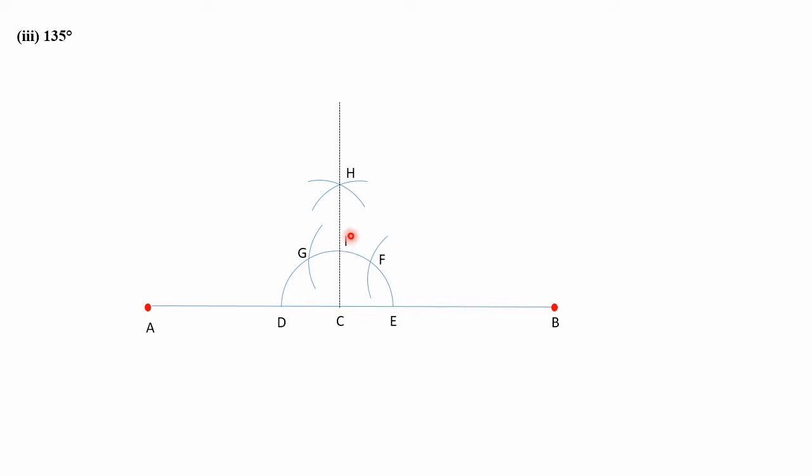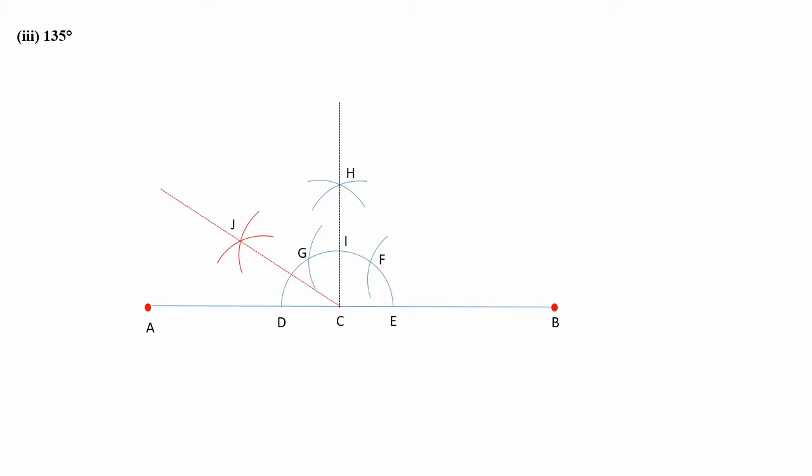Take this point as I. Just in alphabetical order we are labeling, that's why I comes here. Keeping I and D as centers, draw two arcs and mark the point of intersection as J. Once again, keeping I as center, draw an arc. Keeping D as center, using the same radius, cut the arc. Mark the point of intersection as J. Join CJ. Now each portion is 45 degrees, because we have bisected 90.